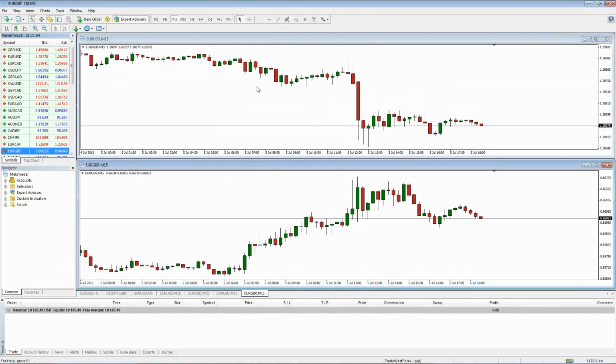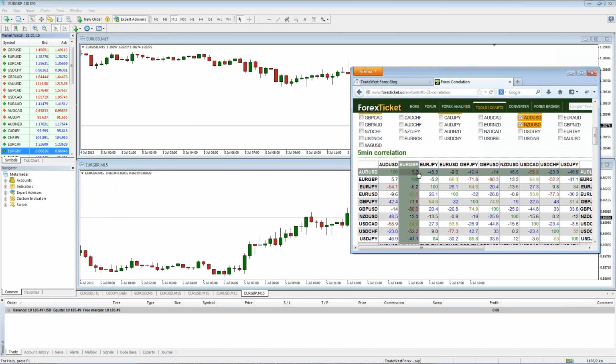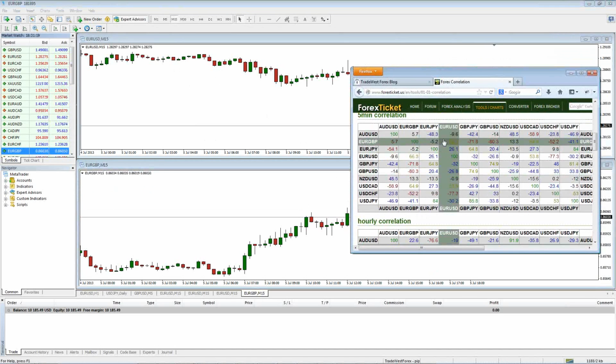You can see that mirrored image, where they're moving in opposite directions over the last 2 days. We can pretty much see what's going on there. But according to our table, the 5-minute is saying they're starting to move in the same direction, right here, 66.3. So they're starting to move in the same direction on the 5-minute.